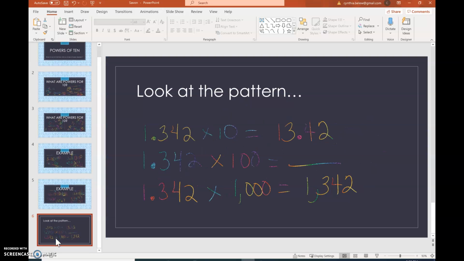Now, you're going to see one like this on your test. It's going to show you a pattern and ask you what the missing number is. So 1 and 342 thousandths times 10 is 13 and 42/100ths. I don't know what 1 and 342 thousandths times 100 is, so I'm going to come back to that one, and it tells me that 1 and 342 thousandths times 1,000 is 1,342, and I should notice a pattern.